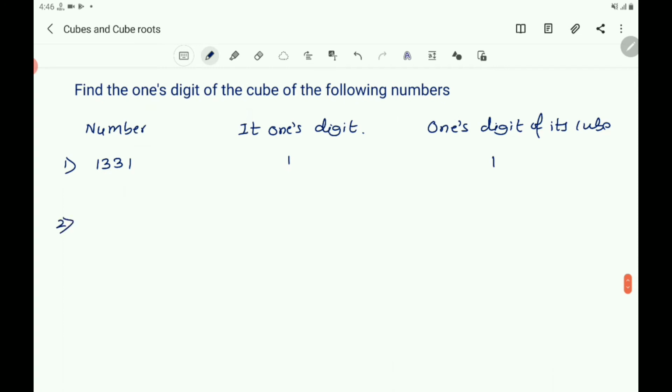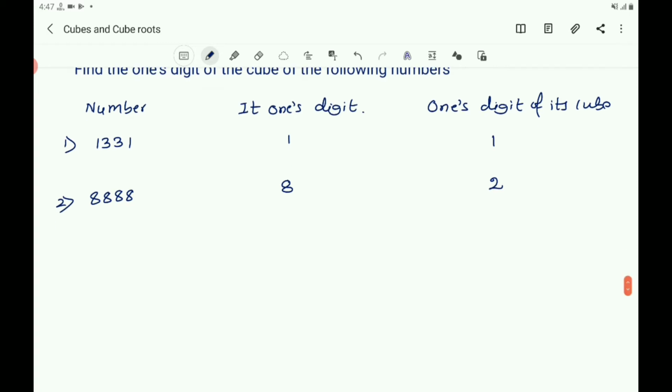Next you take 8888. You know that its ones digit is 8. You know 2 and 8 exchange. So if a number has 8 in the ones place, its cube has 2 in the ones place.